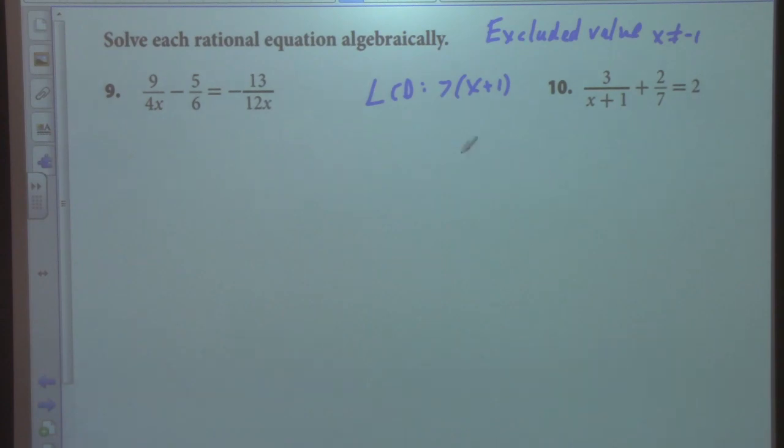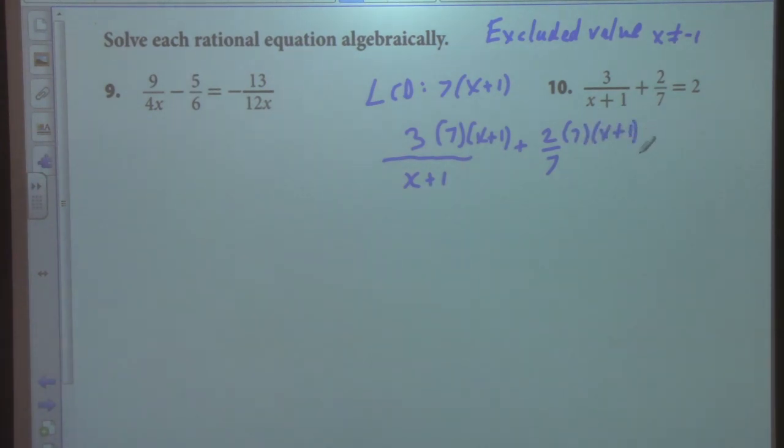Okay, let's go ahead. You cancel out the x plus 1, so it will be 3 times 7. I want to show everybody here. So you're multiplying this by 7 times x plus 1, plus 2/7 times 7 times x plus 1.